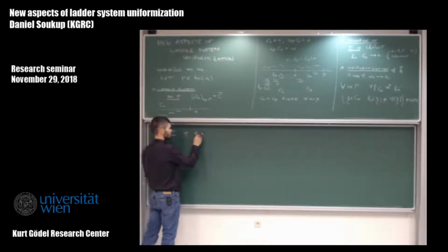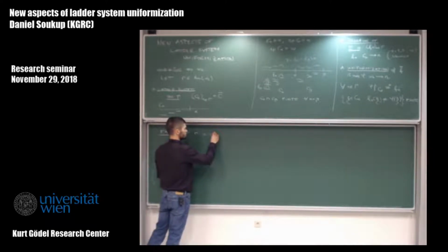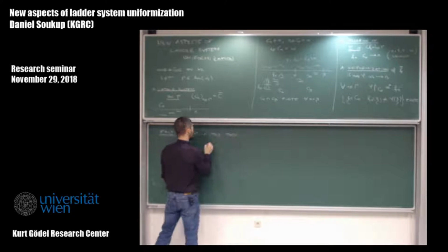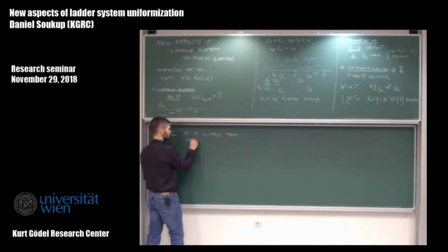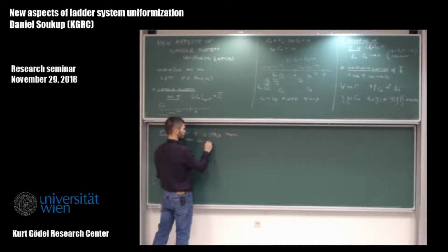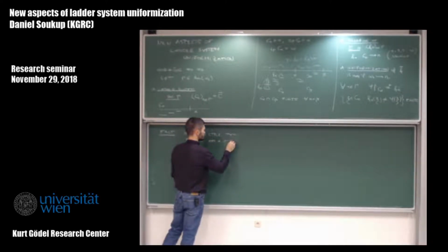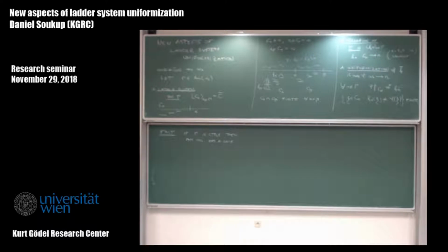If gamma is countable, then any coloring has a uniformization. Okay, so this is the first result.